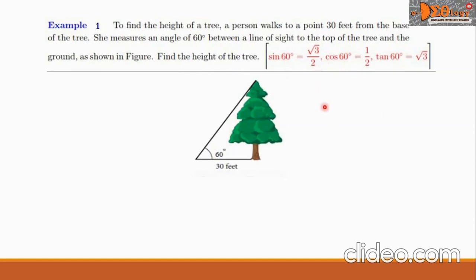To illustrate the problem, we have the figure here. The tree is standing tall, and there is a person at this point 30 feet from the base of the tree. The angle of elevation of that person to the top of the tree is 60 degrees. And we are required to find the height of the tree.